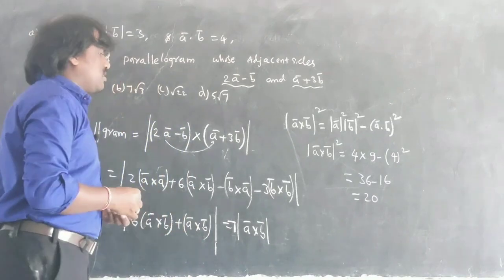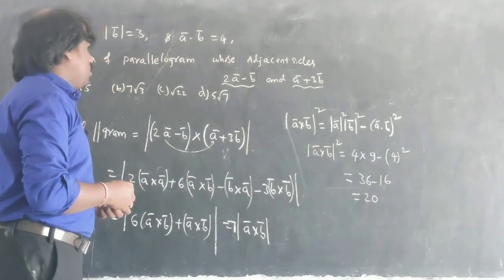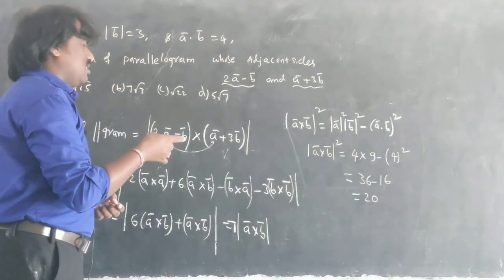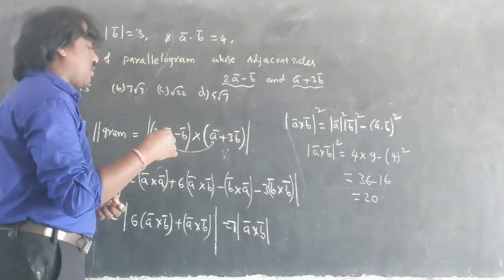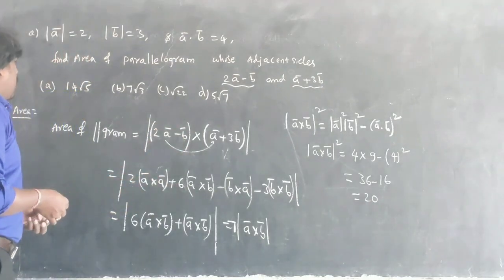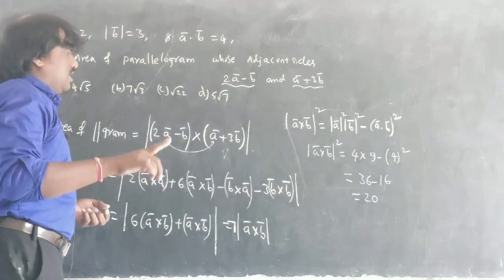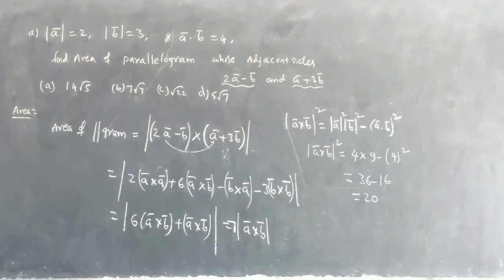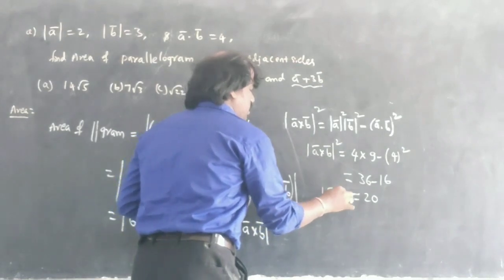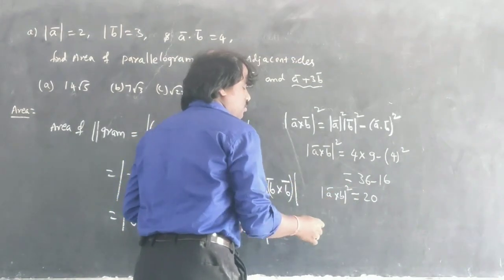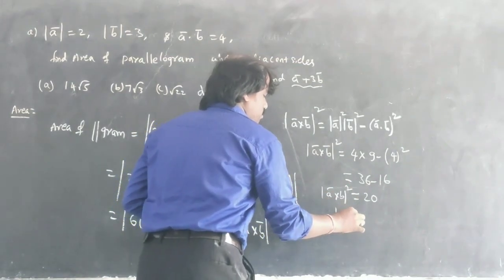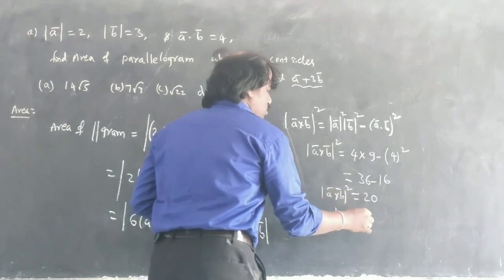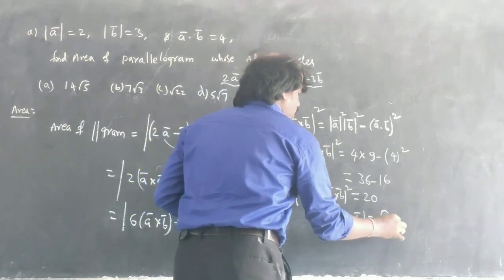So this value is 20. So A cross B whole square is equal to 20, then modulus of A cross B is equal to root 20.